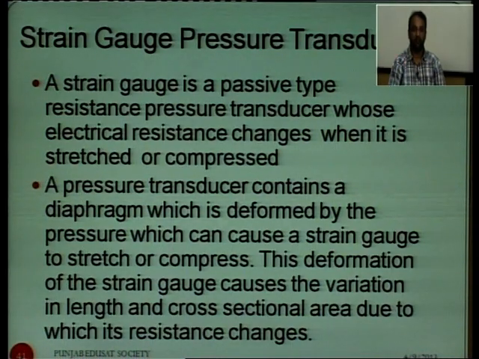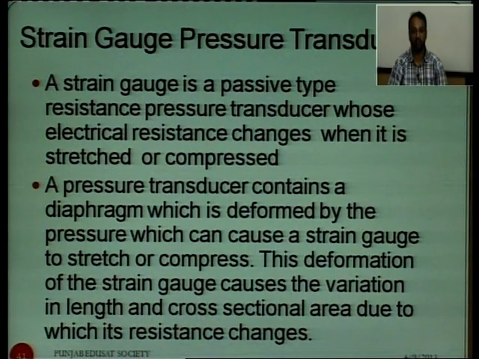A strain gauge is a passive type resistance pressure transducer whose electrical resistance changes when it is stretched or compressed. A pressure transducer contains a diaphragm which is deformed by the pressure, which can cause a strain gauge to stretch or compress. This deformation of the strain gauge causes the variation in length and cross sectional area, due to which there is a change in the value of resistance.